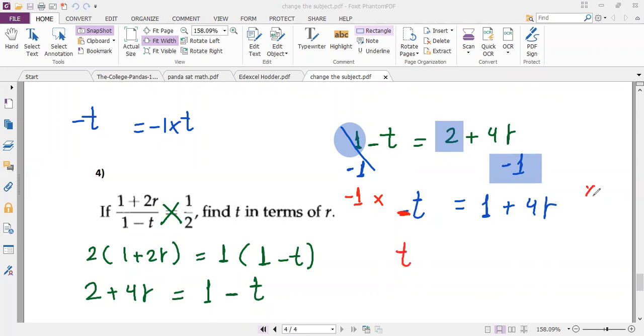Multiply all terms on this side by negative 1. So it will be minus 1 times 1, which is minus 1, and minus 1 multiplied by 4r, which is minus 4r. That's it.